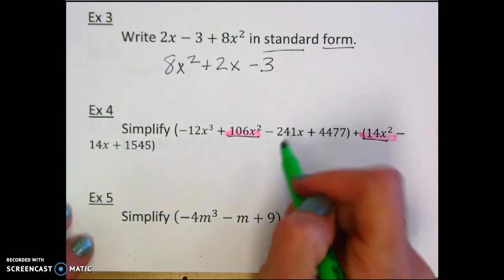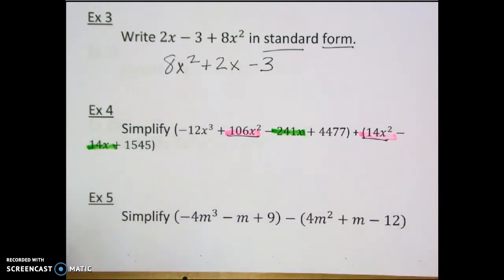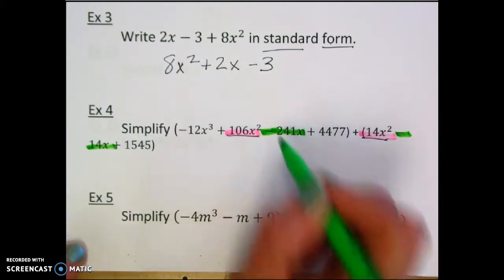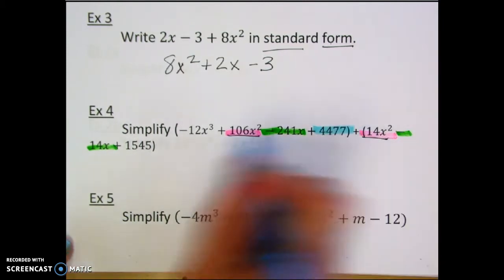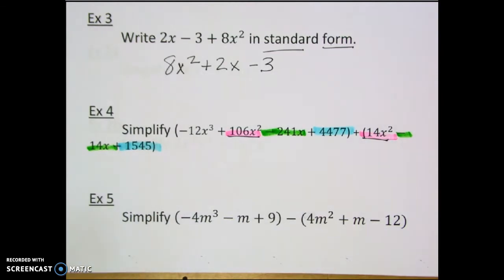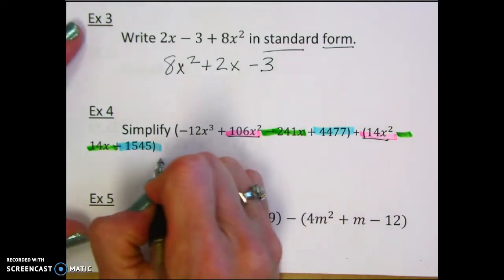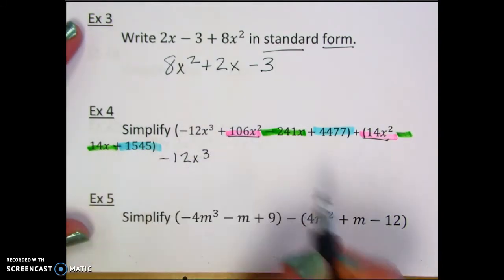Here's a plain old x, here's a plain old x. Make sure I remember that negative goes with that. And then here's a number, and here's a number. Now, I don't see another x to the third power, so I'm just going to write that again: negative 12x to the third power.